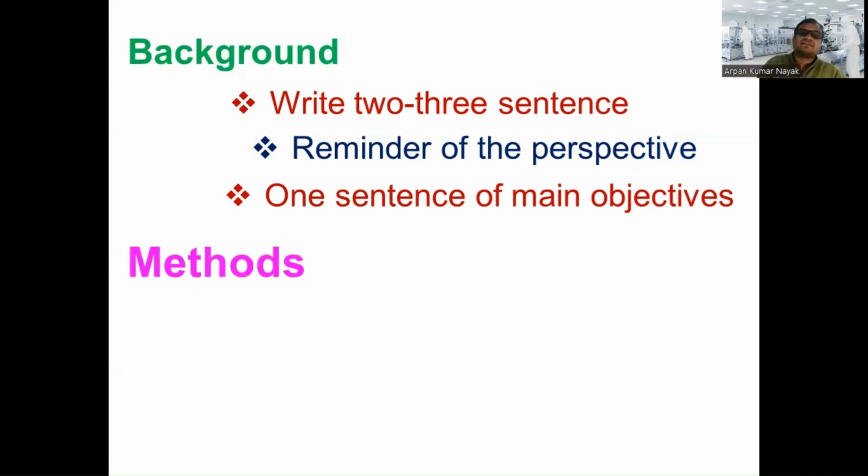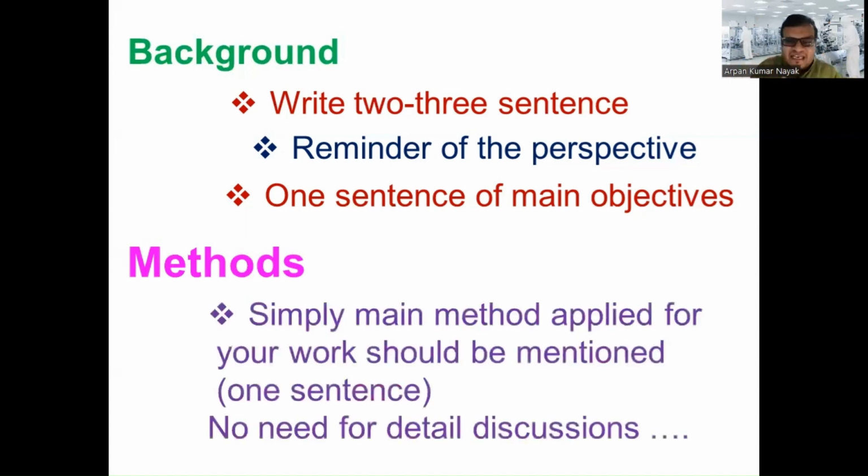Our next point is methods. In methods, what exactly do we want to say? Simply the main or major method you applied, not the procedure. The procedure is explained in detail in the experimental or methodology section, where you focus on every point.